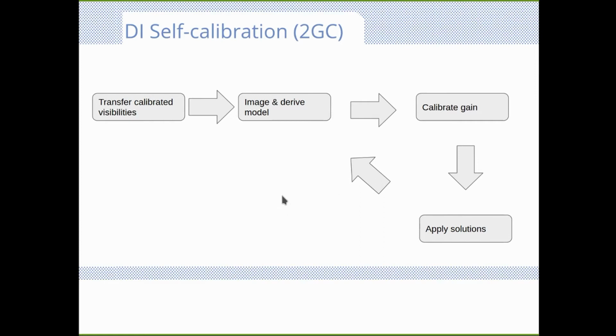Now, let's get on to how we do self-calibration. What we do is we input transfer calibrated visibilities, so 1GC calibrated visibilities, and we derive an initial image of that, and we derive a model. Now, especially during the first few rounds of this process, we do have to constrain the model really well, because we will have substantial calibration artifacts, primarily from phase at this point.